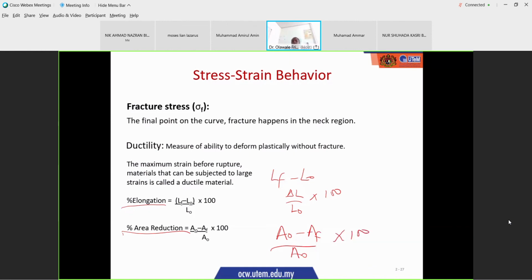So you need to measure your final length and your final diameter. That one I did not mention before. At the end of your experiment, you need to measure your final length and your final diameter. Then you will be able to calculate the ductility of your material.